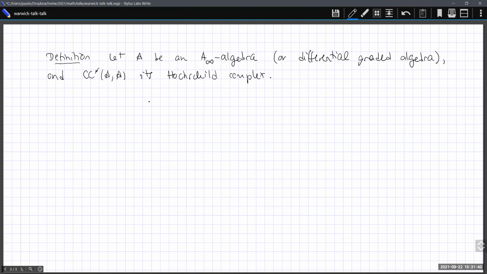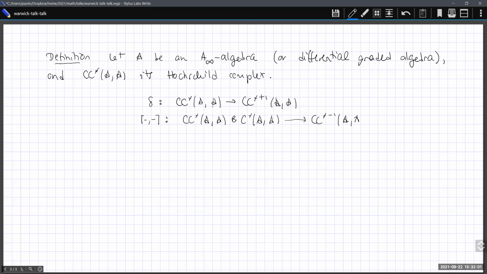This has a bunch of structures, and at the moment, what I need is just the differential, which I will confusingly call delta. And there's also a bracket, which is of degree -1.